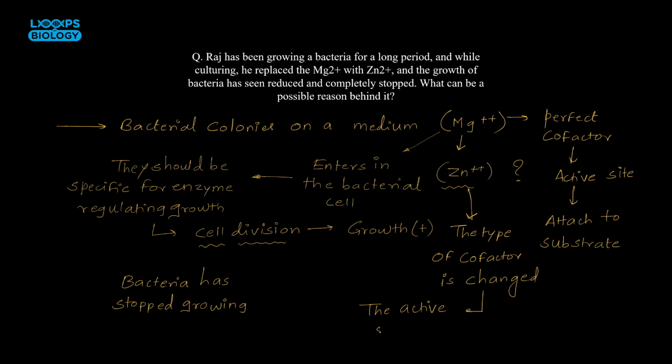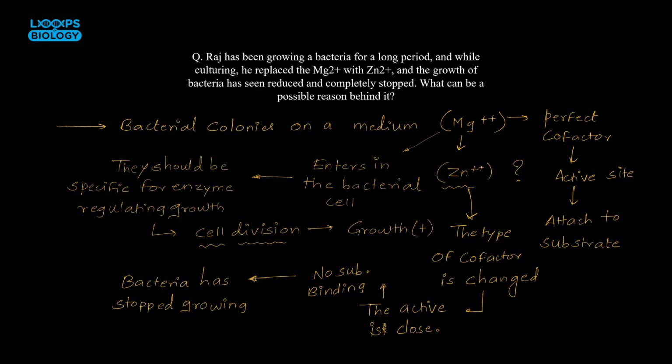The active site is closed, due to which there is no substrate binding, and that will stop this particular growth of bacteria. So the cofactor is going to play an important role whenever the enzyme functioning is going to be decided.